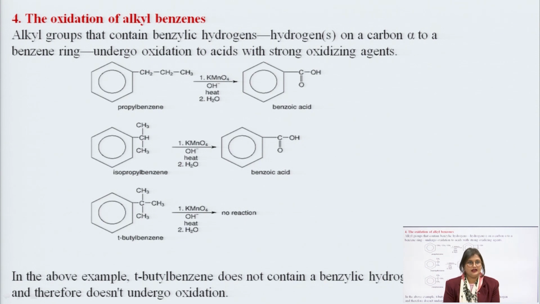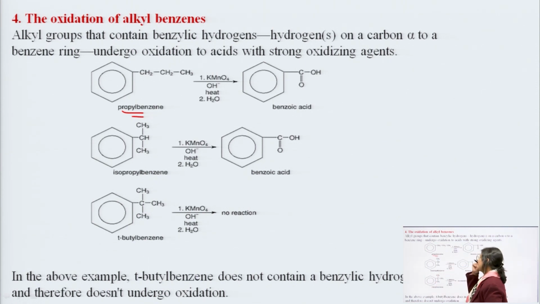I repeat again: under this oxidation of alkyl benzene, the alkyl groups that contain benzylic hydrogen, that is, a carbon atom alpha to a benzene ring, undergo oxidation in the presence of strong oxidizing agents to produce corresponding acids.